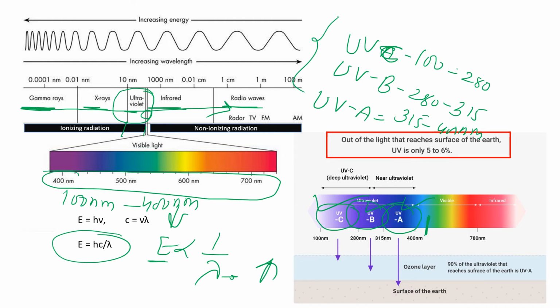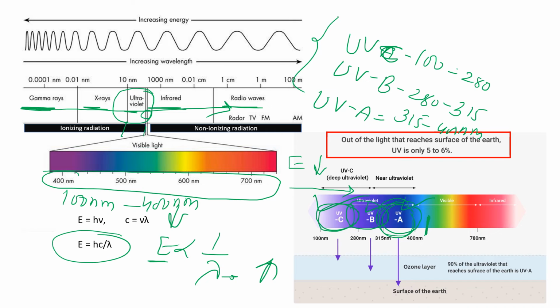When we go from UVC to UVA, the wavelength is continuously increasing, but the energy is decreasing. It means UVC has higher energy compared to UVA. That's why UVC radiation is the most harmful compared to the UVB and UVA radiation.